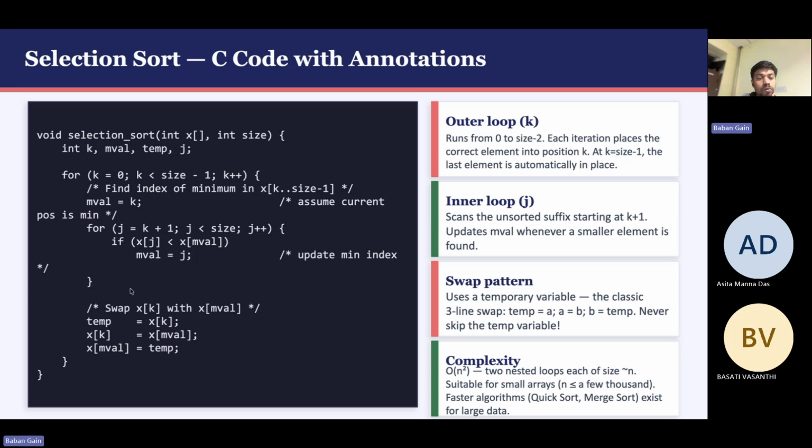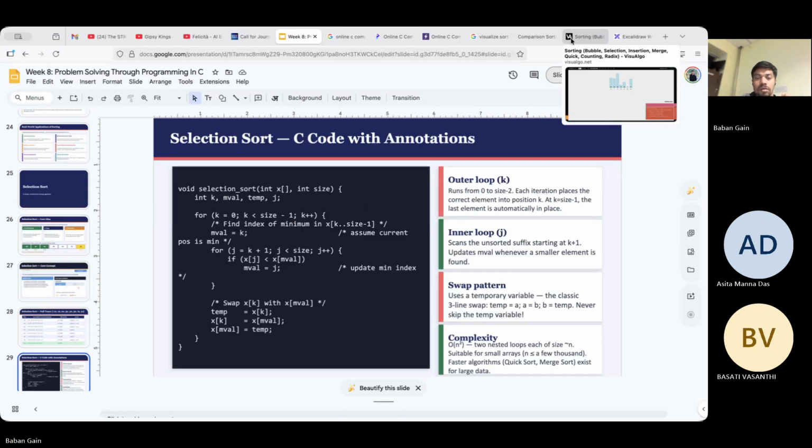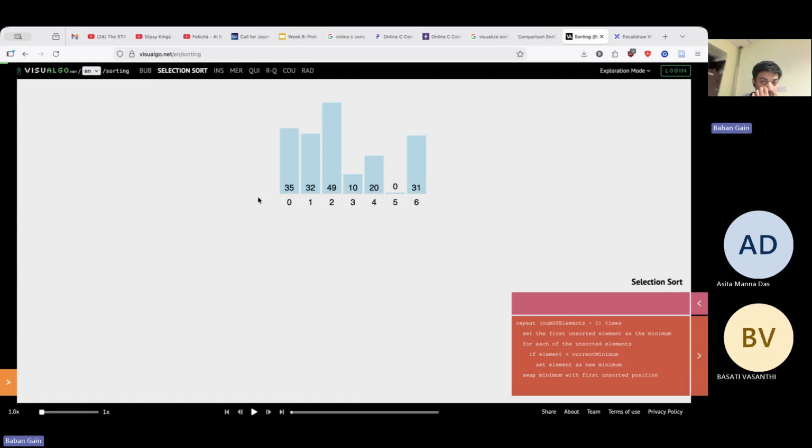Basically, we have to run two loops. See here, at first we have to go through all the elements and check what is the minimum. So that will take one loop, okay? And outside that, we have to repeat it for all the positions, right? So that is another loop.